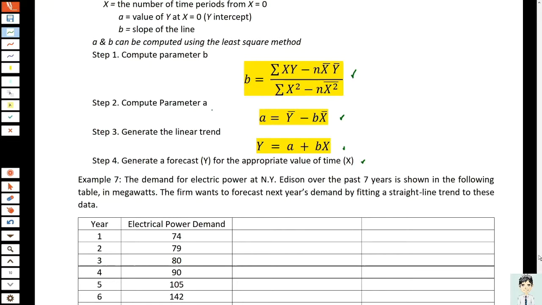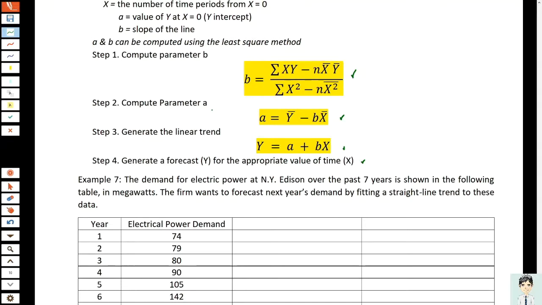So for example, for the given example, the demand for electric power of New NY Edison over the past 7 years is shown in the following tables in megawatts. The firm wants to forecast next year's demand by fitting a straight line trend to this data.